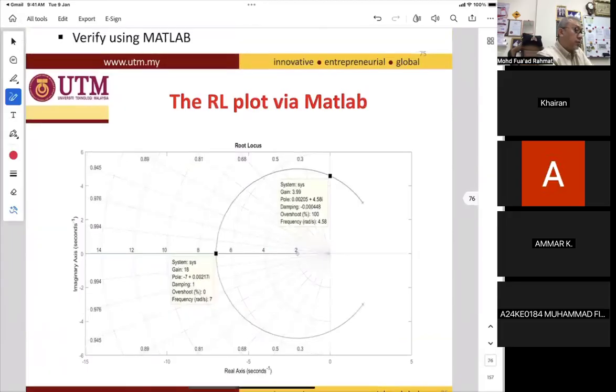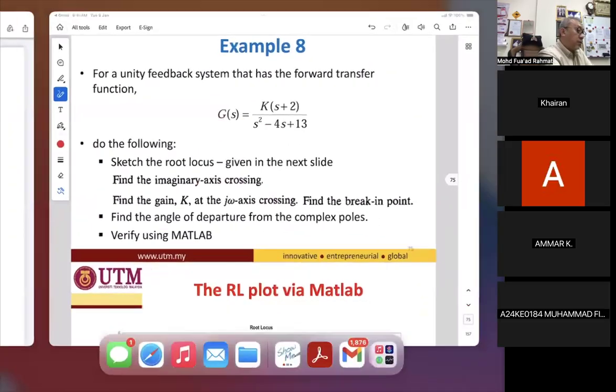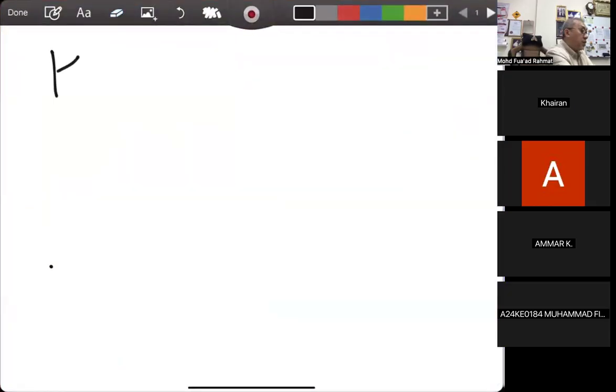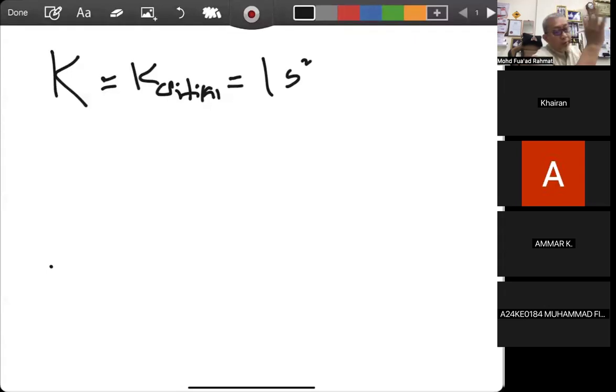So again, we use K equal to K critical. Okay, why do we call it K critical? Because it's the gain value that is in between stable and unstable on the imaginary axis.